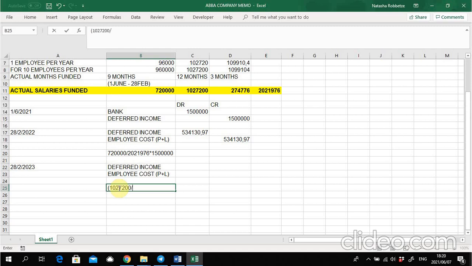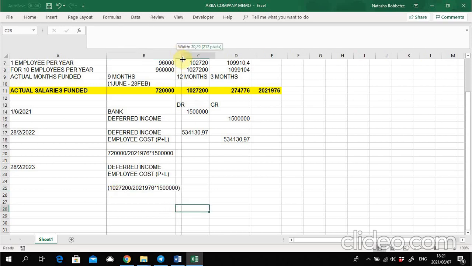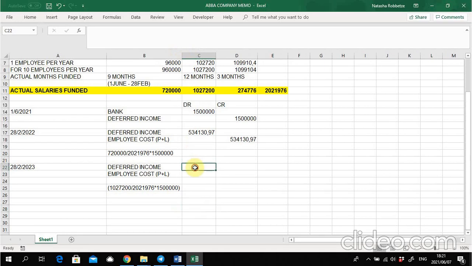102,700 divided by 202,976 times the subsidy total of 1.5 million. So to get to the portion of deferred income that will be paid off against the employee cost, I'm going to say it's this amount divided by the total times 1.5 million.